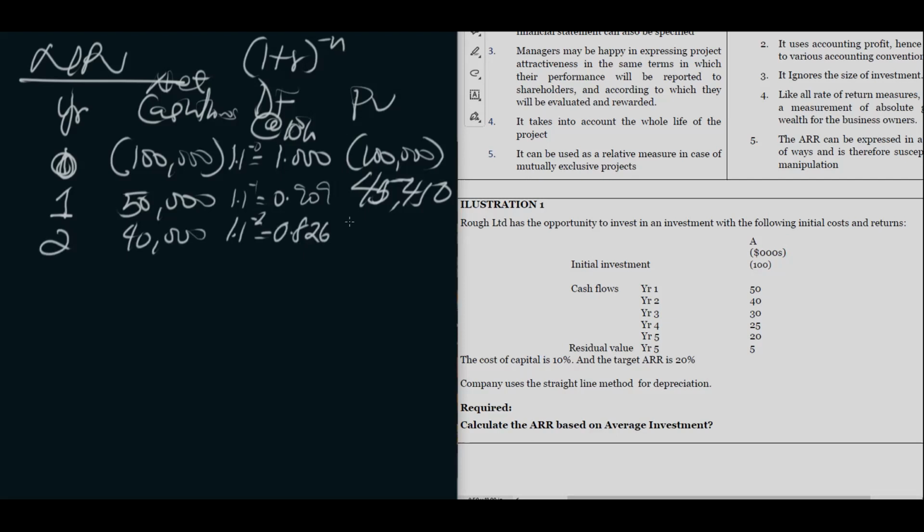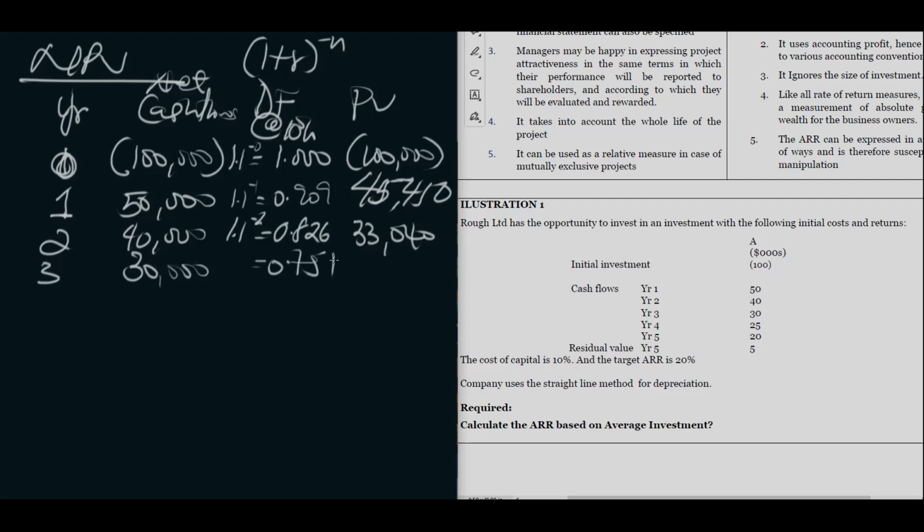That's 33,040. Then I have year 3, which is 30,000. Also going for 0.751. So I multiply 30,000 by 0.751.